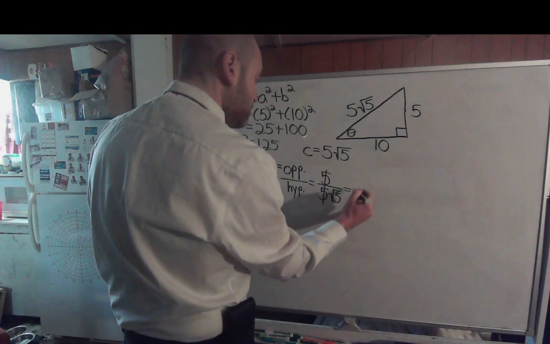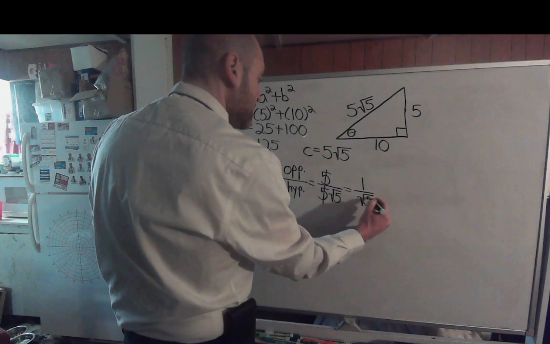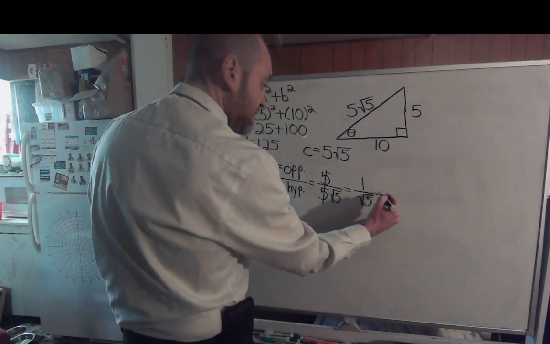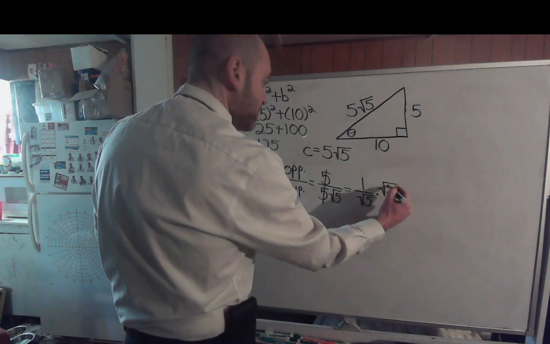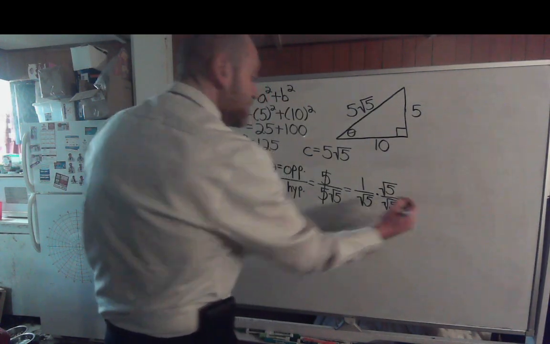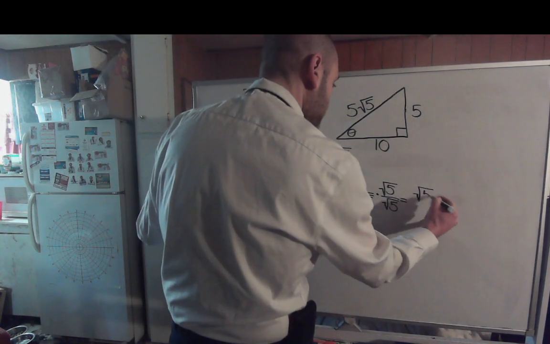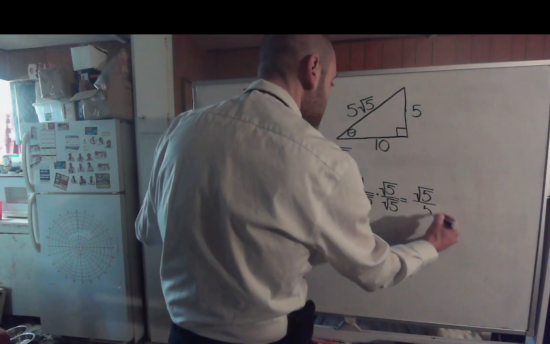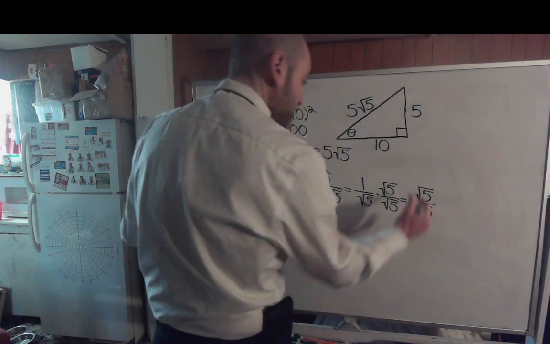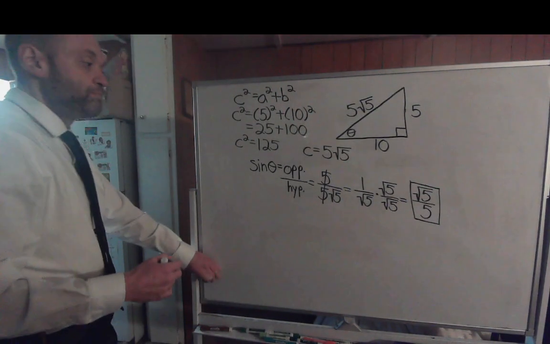This would equal 1 over the square root of 5. Now rationalize your denominator. This would be times the square root of 5 over the square root of 5, giving you that your sine is equal to the square root of 5 over 5.